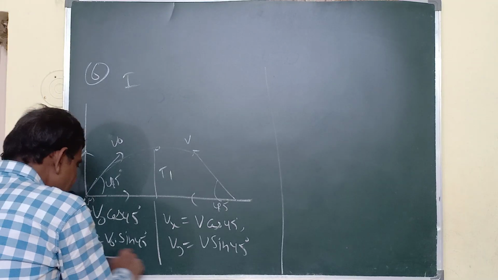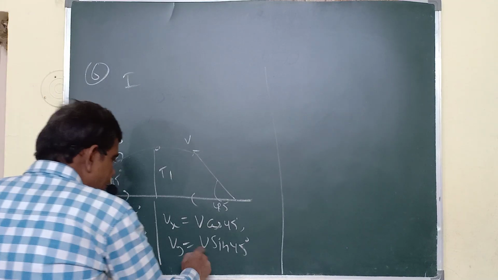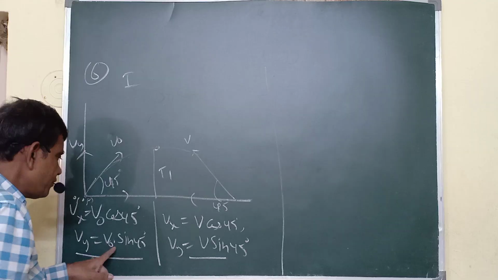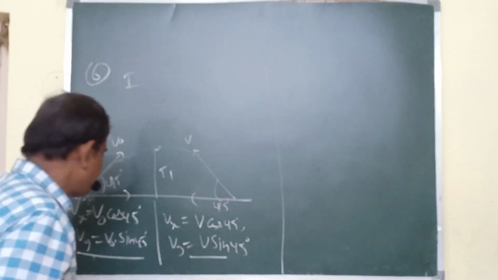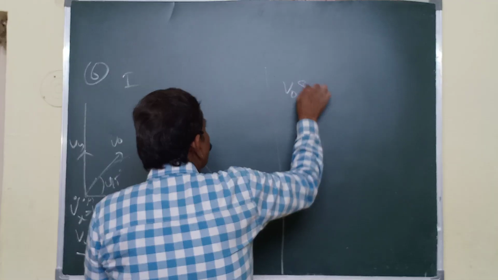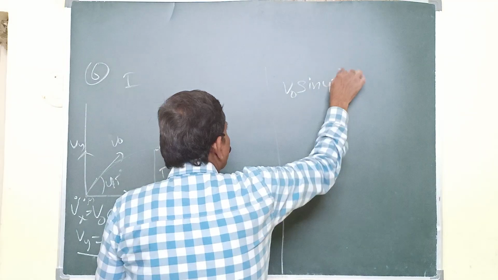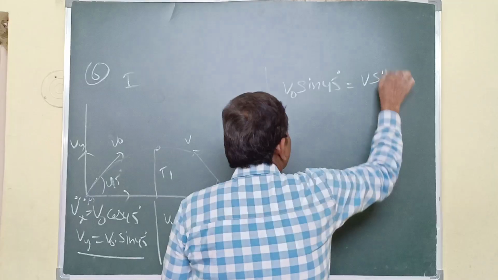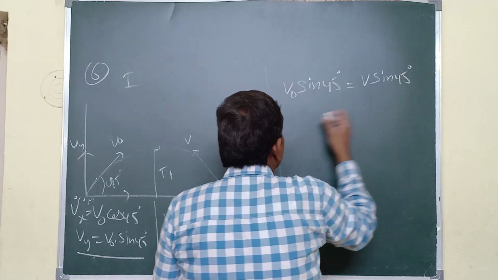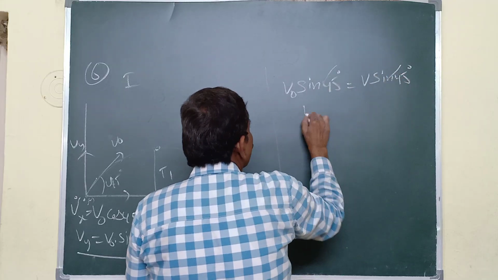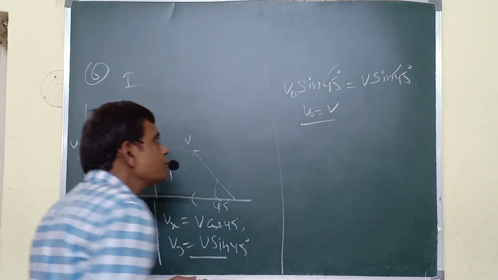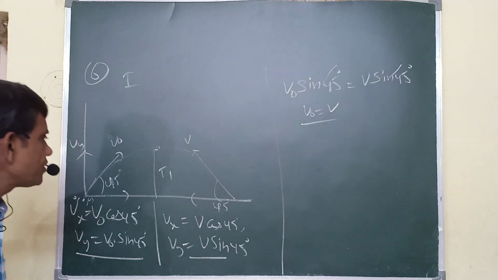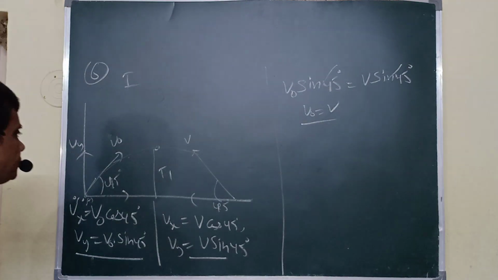V naught sin 45 equals V sin 45. The sin 45 cancels, so the condition is V naught equals V. In this case, V naught equals V.